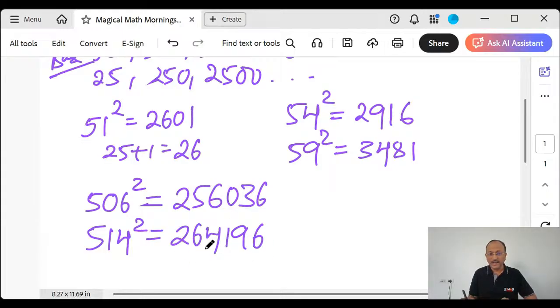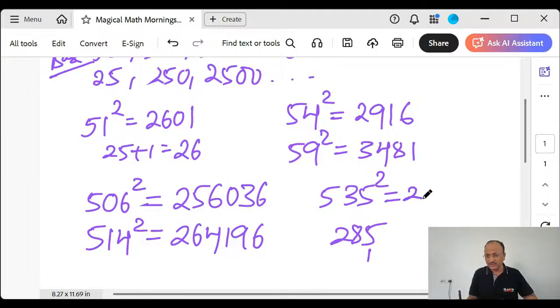Very simple. And also, let's take some bigger number. Suppose you want to find out 535 square. What do we do? 250 plus 35 is 285, and 35 square we know is 3 into 4 is 12, 1225. Because we are taking 3 digits only, that one will be added here.